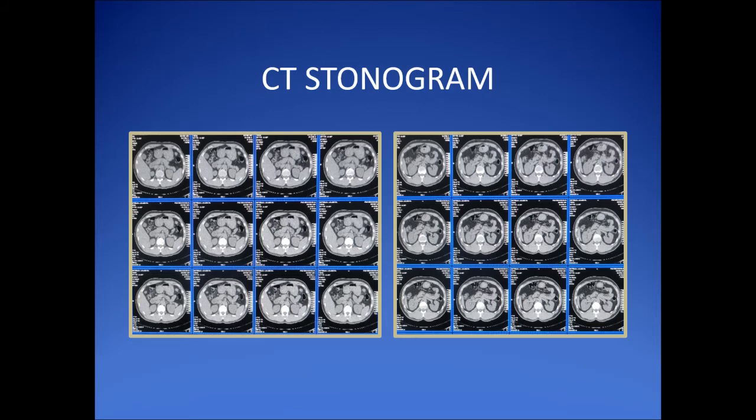So in CT stonogram, this is used to look for any lithiasis in the genitourinary tract system. In CT stonogram, we take thin slices, very thin slices, from the most superior aspect of the kidneys down to the urinary bladder.